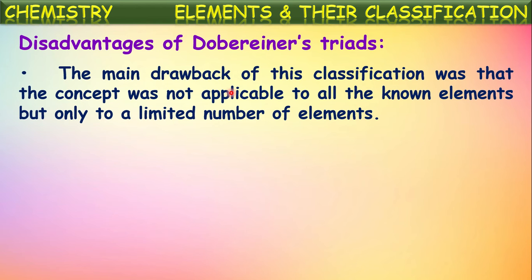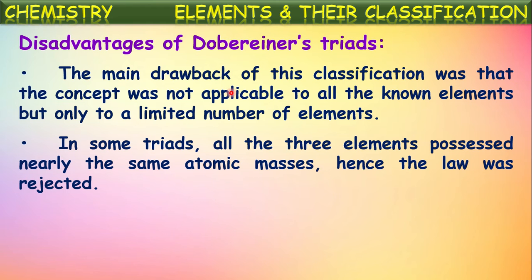This is a major drawback in Dobereiner's triad. In some triads, all three elements possess nearly the same atomic masses. Hence, the law was rejected. If all the elements have nearly the same mass, then it automatically fits, but properties might be different, so the triads law is rejected in that case.